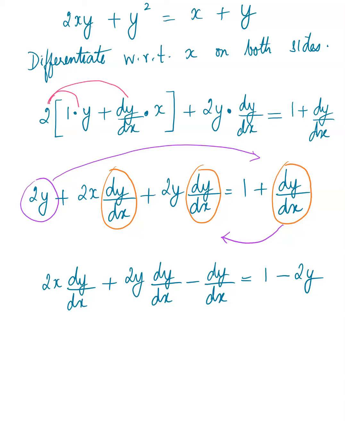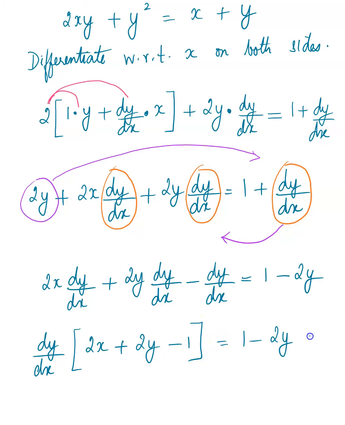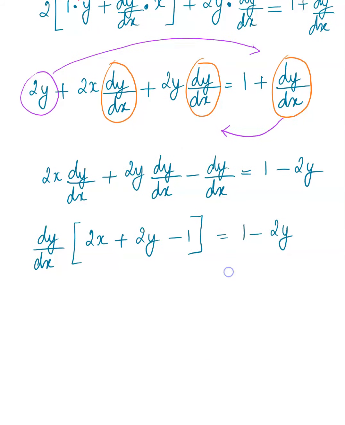Very nice. Now I can factor out the dy over dx. It's (2x plus 2y minus 1) times dy over dx equals 1 minus 2y. One last step is to isolate or solve for dy over dx, so divide by this entire factor on both sides.